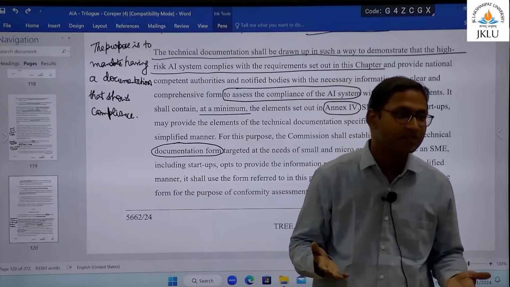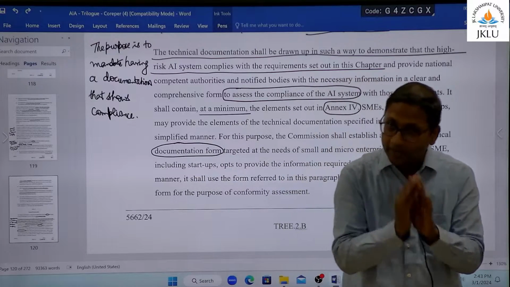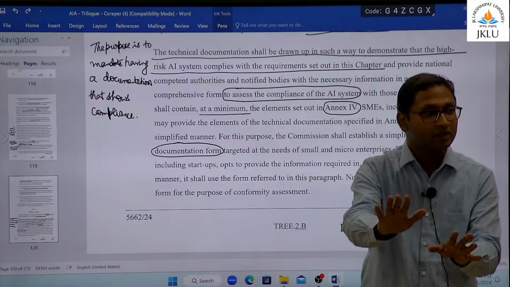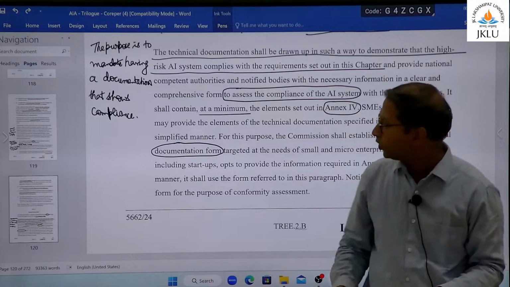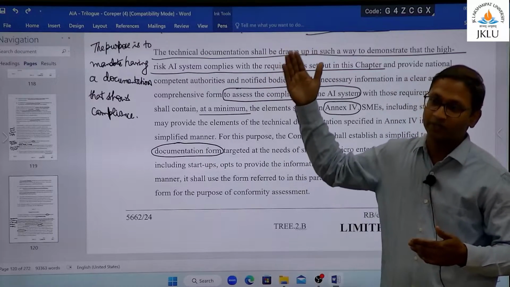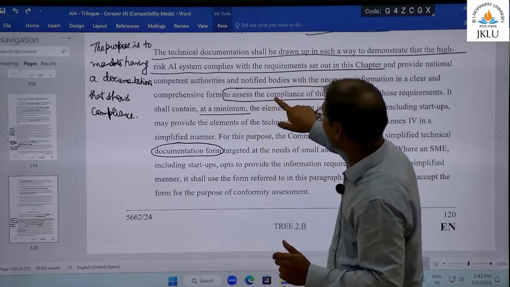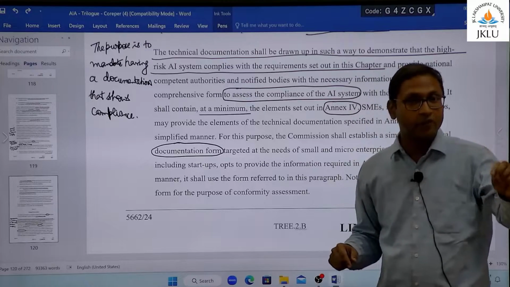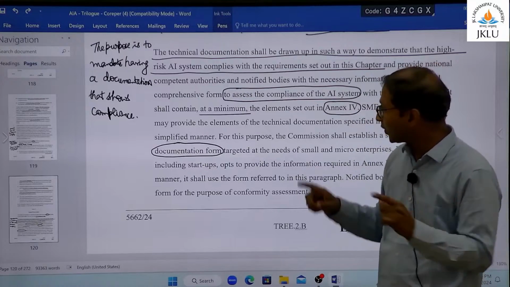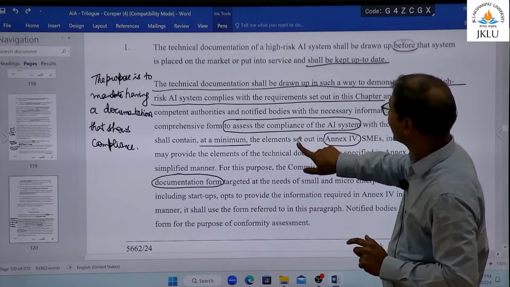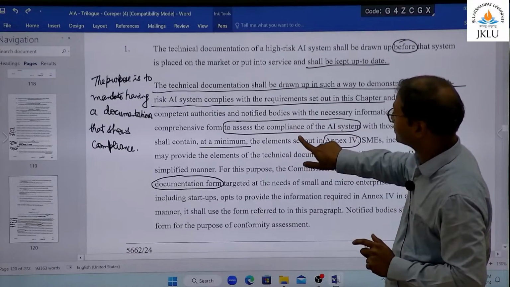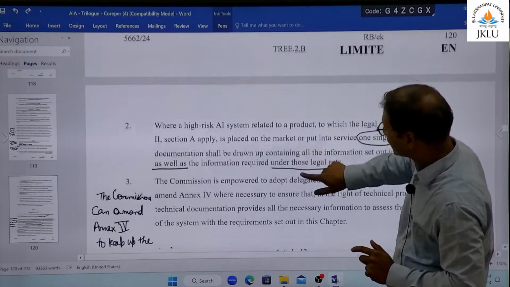You can't simply come and say, no, see, we had made a risk management system, but if you had done so, show me the documentation, right? So this documentation is going to ask everything that you have done, including what we'll see later. And you will be surprised to see including what. So for example, let me quickly go there.